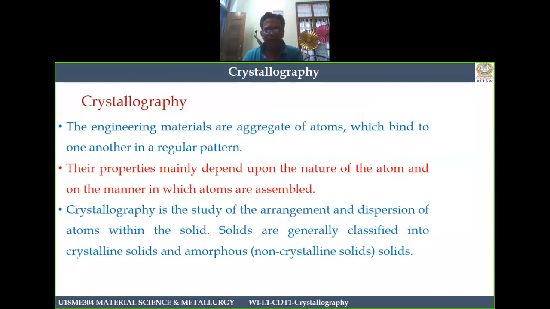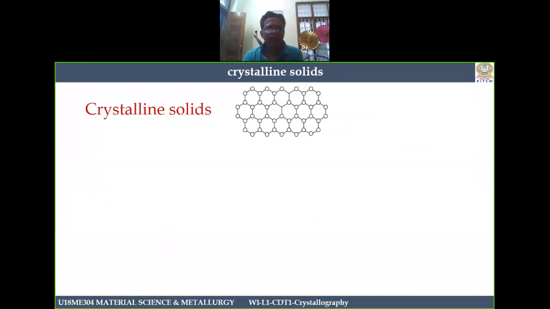Crystallography is the study of the arrangement and dispersion of atoms within the solid. Solids are generally classified into crystalline solids and non-crystalline solids. Now, what are crystalline solids? You can see the figure here.